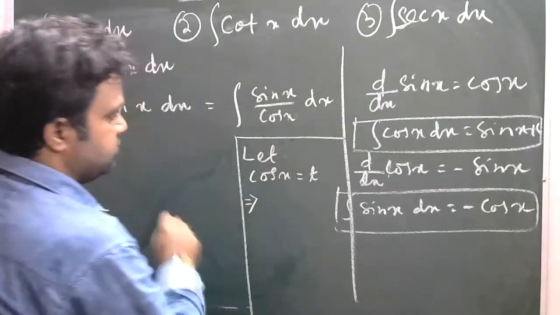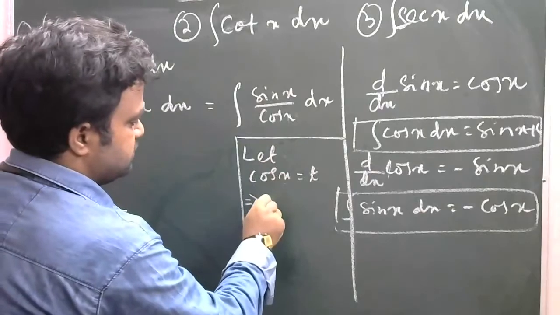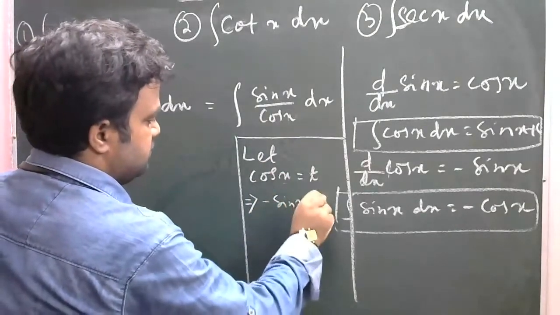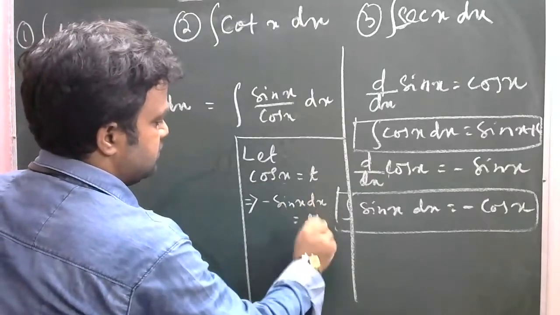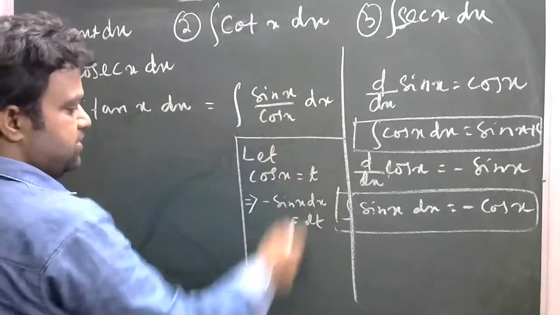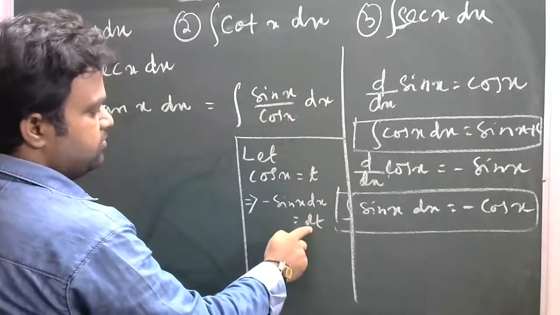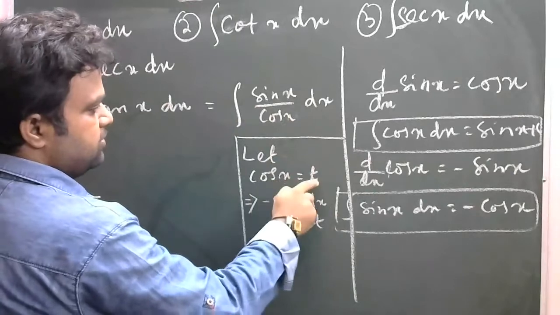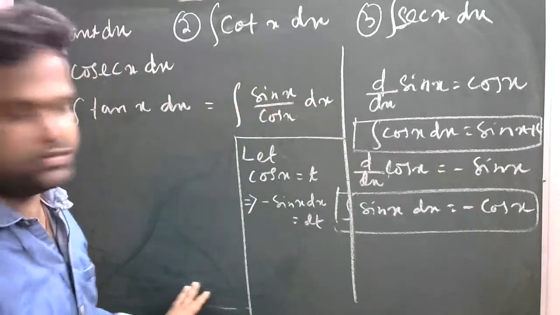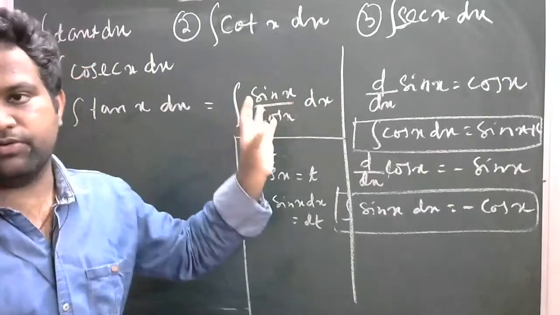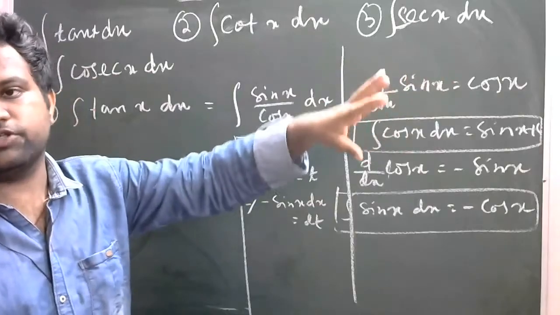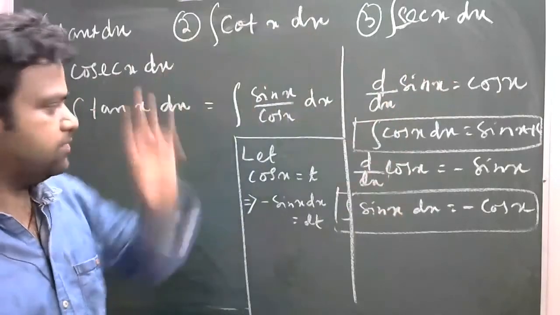Now what is the derivative of cos x? Minus sin x dx is dt. Okay. So sin x dx will now be converted to dt, and cos x will be converted to t. Now all the x terms, all the functions of x, are converted to a new function of t.